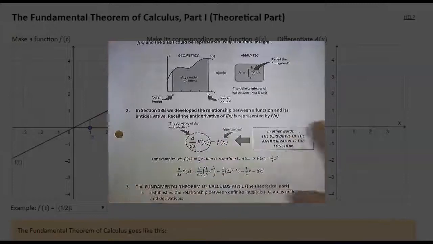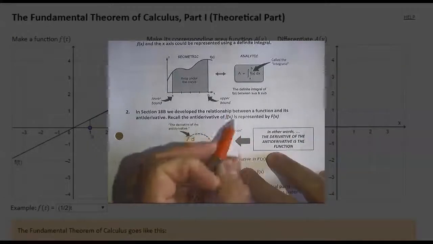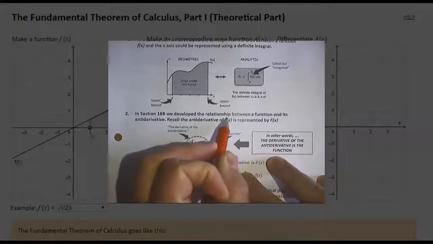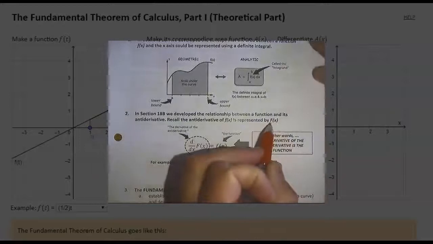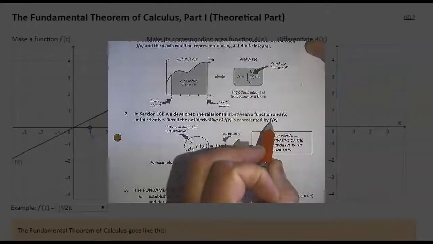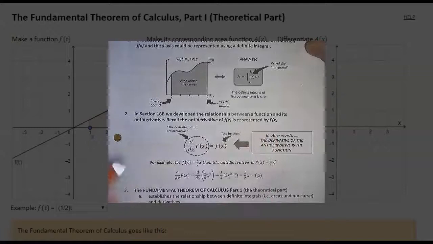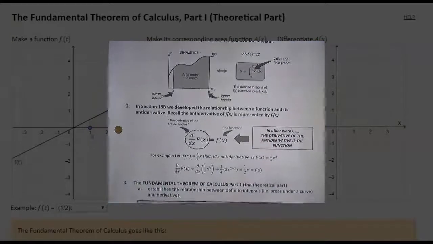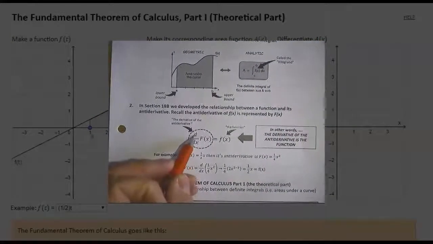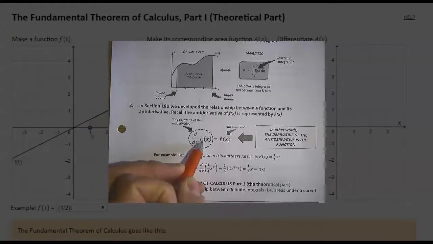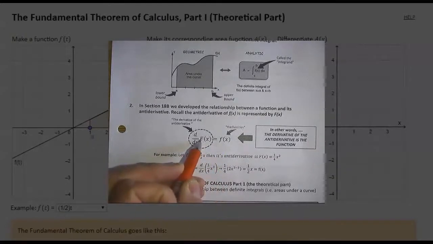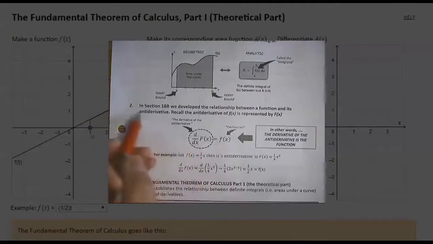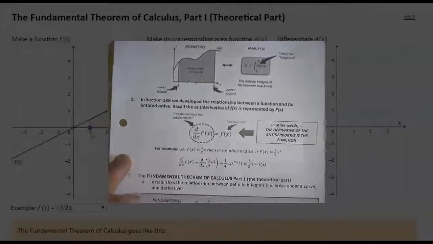Okay, now when we talked about that, the notation that we used was if you had a function, all right, its antiderivative was represented by capital F. Okay, and what we found is if you took the derivative of the antiderivative, you ended up with the function. Okay, that's what this is saying. That's what was developed in this section in 18b.